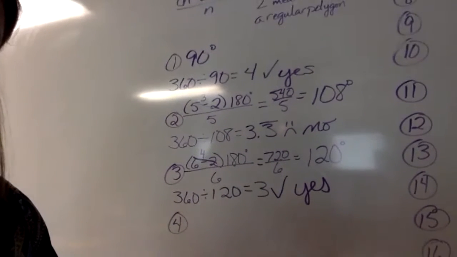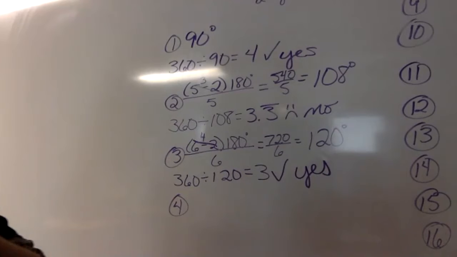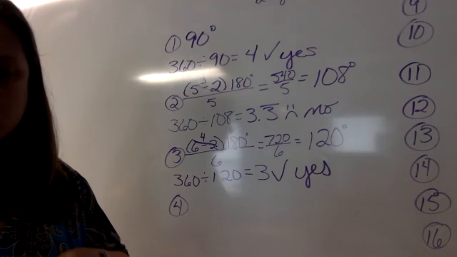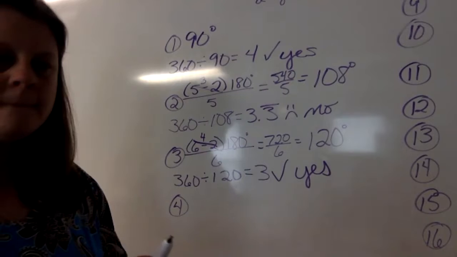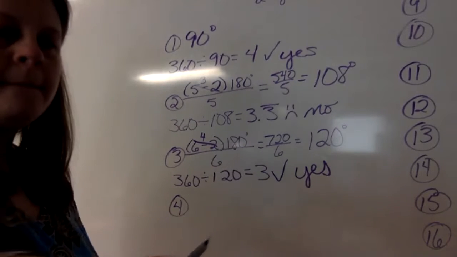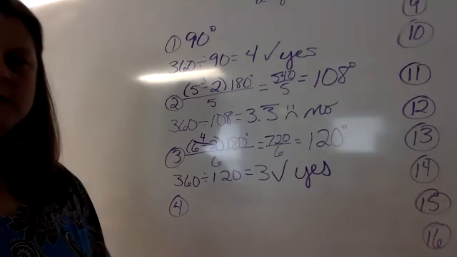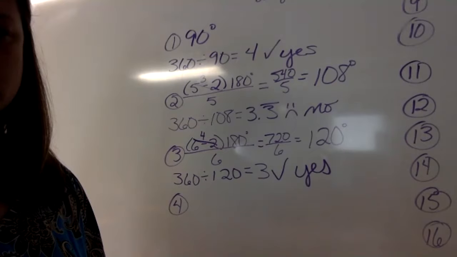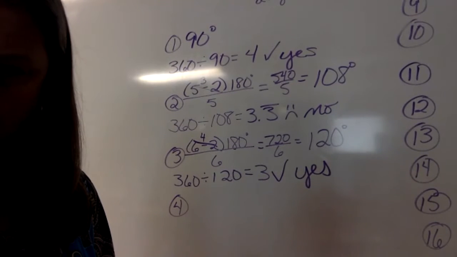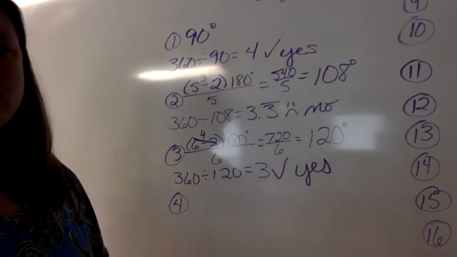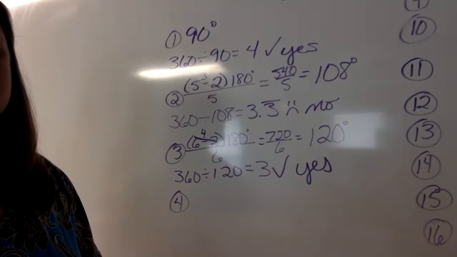That's number 4. So what shape is number 4? In the book, what does it say? Decagon, I think. Okay. So deca.